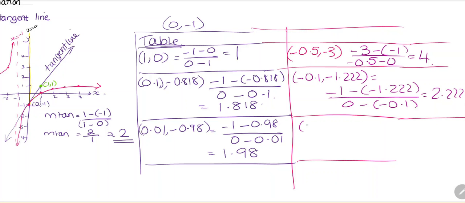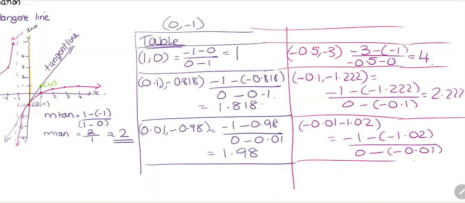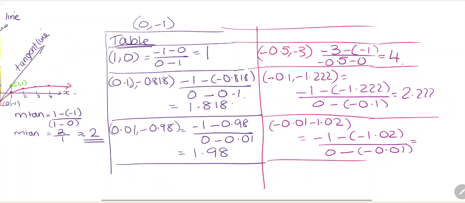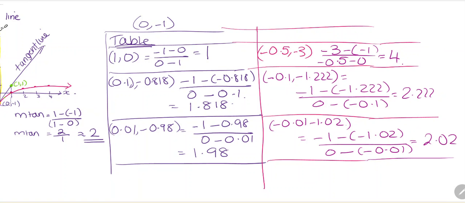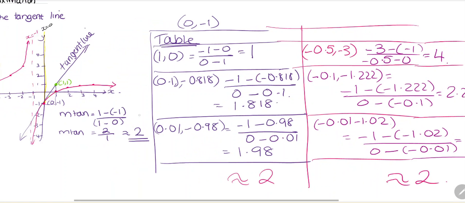We've got minus 0.01 and minus 1.02. So minus 1 minus 1.02 divided by 0 minus 0.01, and this is going to give us 2.02. So we're getting closer. This is approximately 2, this is approximately 2, and we said our slope here was 2.